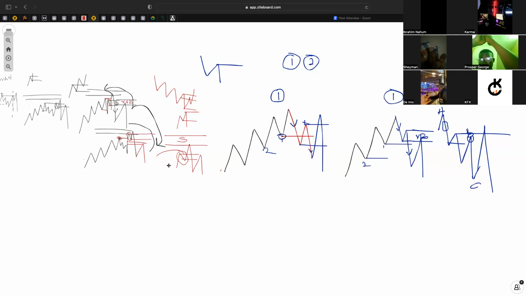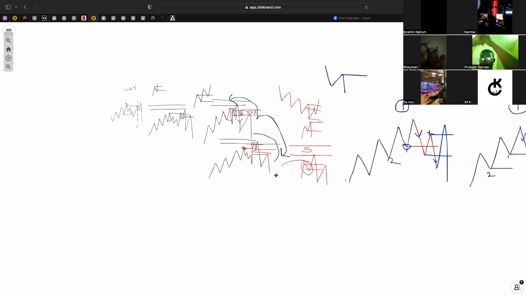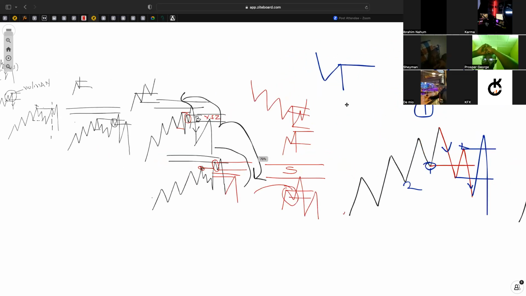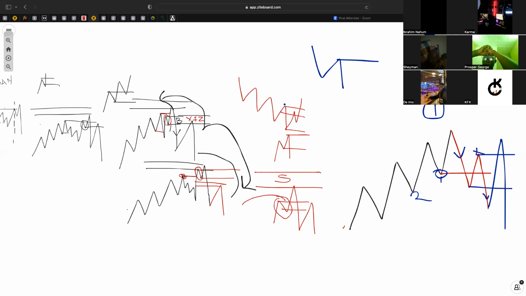So in summary, I have now explained the immediate base. This is what we call an immediate base. What is an immediate base? These are bases that happen in the immediate structure. Simple English, immediate. But the main problem we have is, how did he know that this price is going to return from here?